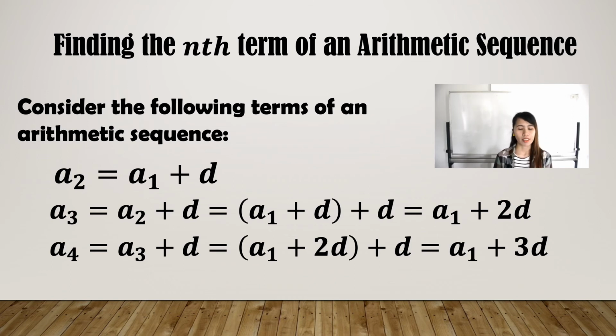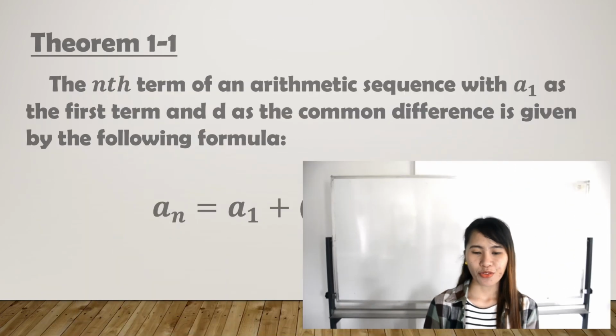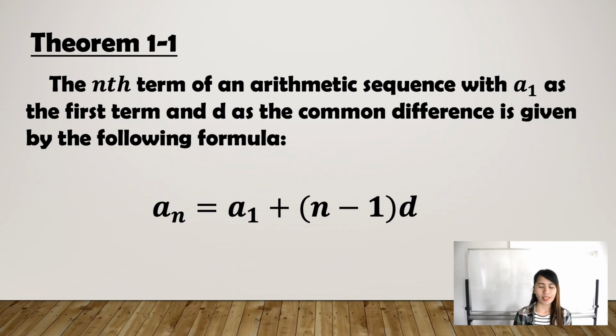For a sub 4, we have a sub 3 plus d, which is equal to the quantity a sub 1 plus 2d, plus d, or a sub 1 plus 3d. Theorem 1-1, the nth term of an arithmetic sequence with a sub 1 as the first term and d as the common difference is given by the following formula. A sub n is equal to a sub 1 plus the quantity n minus 1 times d.